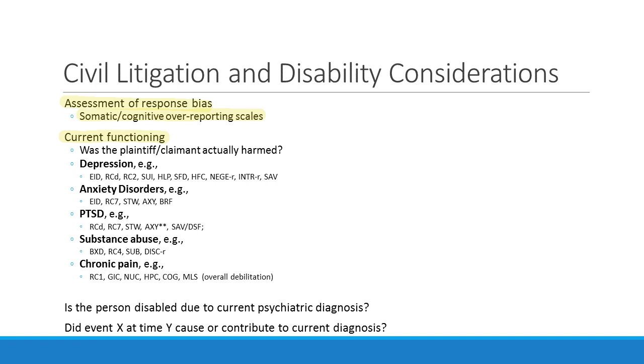Now, when we're doing this type of evaluation, one of the key questions that we're oftentimes asked to address is whether or not the plaintiff or claimant in these proceedings was actually harmed. And the type of harm that we as psychologists tend to be concerned about are things like depression, anxiety disorders, post-traumatic stress disorder, substance abuse, and chronic pain.